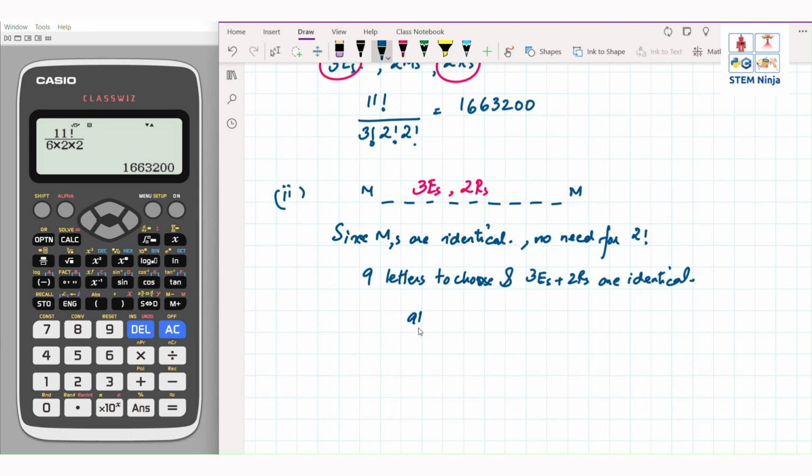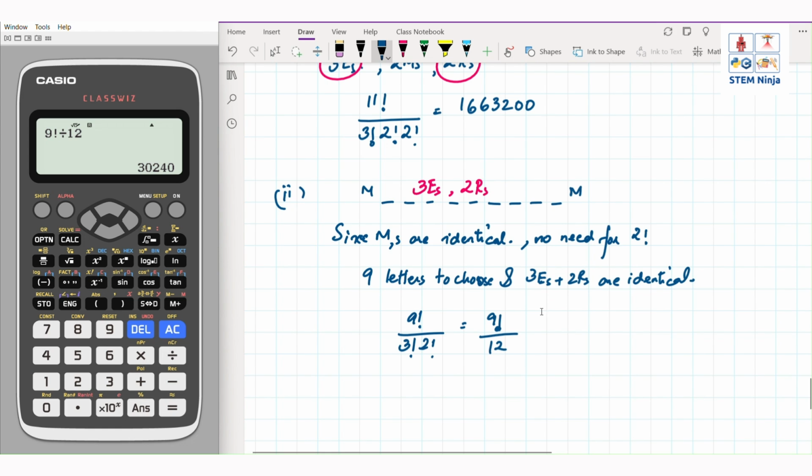So basically 9 factorial divided by 3 factorial, 2 factorial. So 9 factorial divided by 3 factorial is just 6, 6 times by 2, 12. So 9 factorial divided by 12. 30240.